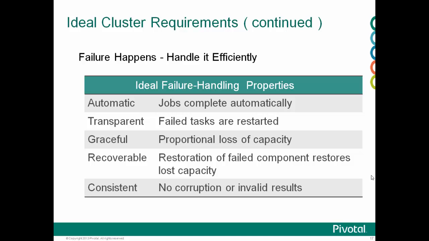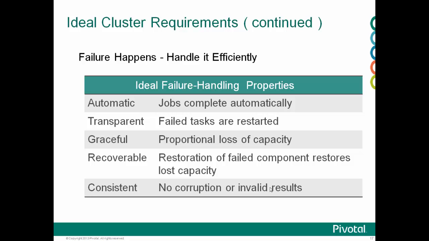In our big data model, which is going to consist of many nodes of hardware, failure is going to occur. So when it does, let's have a set of characteristics that allow that failure to be handled efficiently. Among those characteristics or properties is automatic failover.